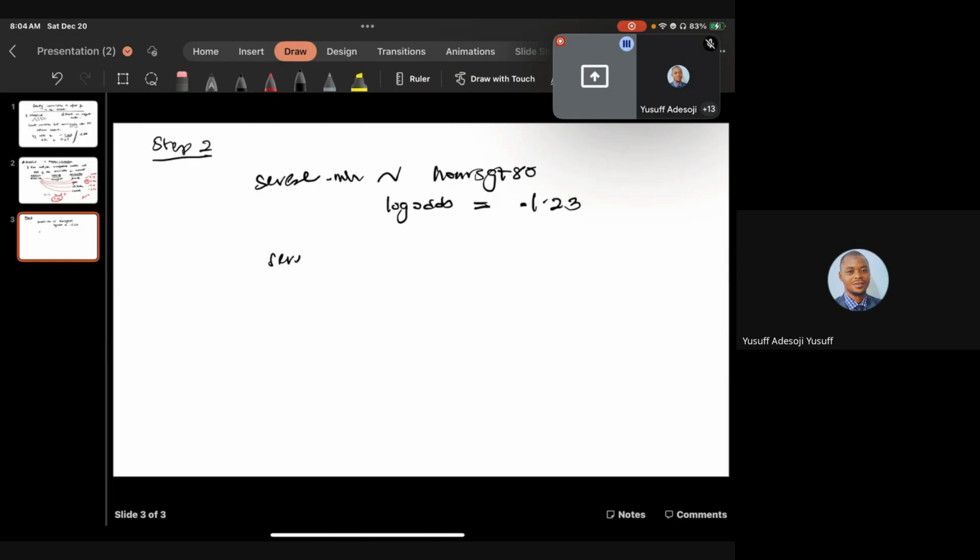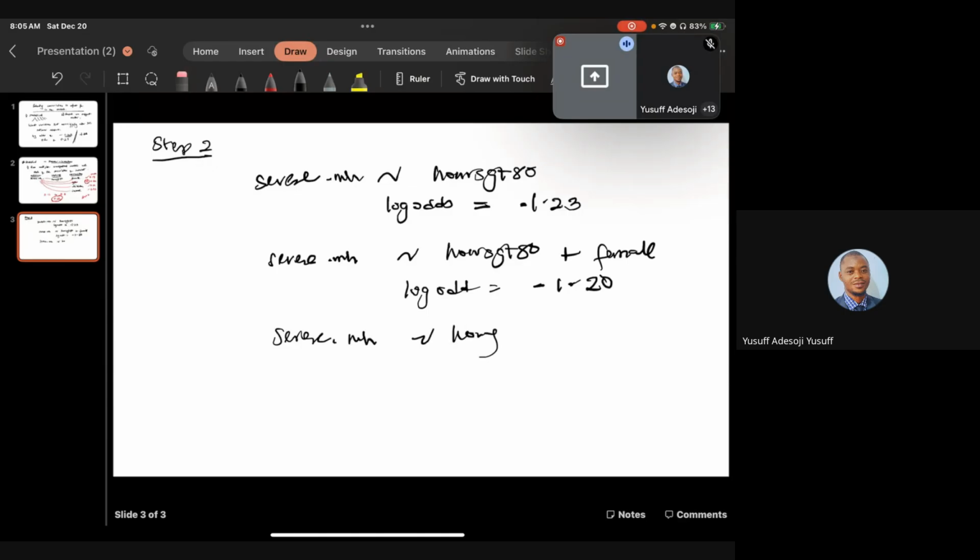So we'll run the next one: hours greater than 80 and add female. Let's say we obtain the log odds here is minus 1.2.